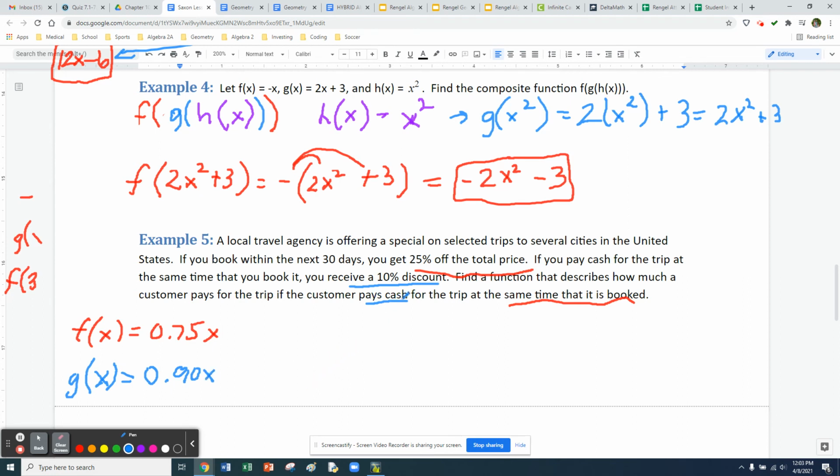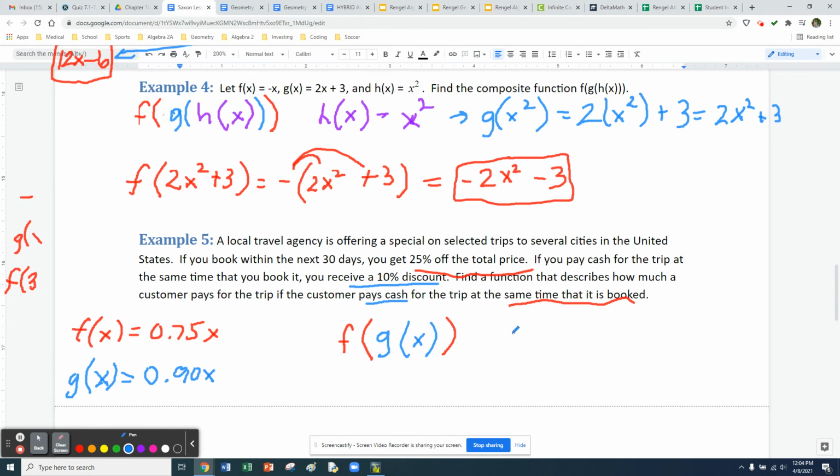Now, if I pay cash at the same time it's booked, that's going to represent my composite function. So first, I can write my composite function. This is going to be f of g of x, and there are my two functions working together.